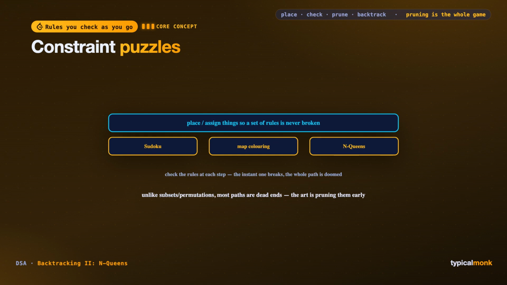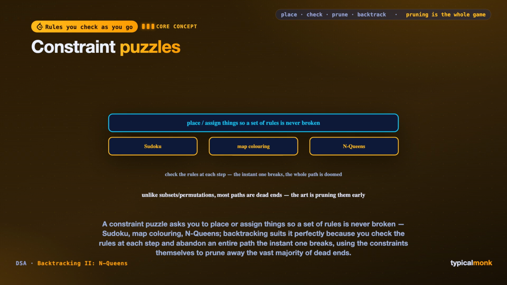They are the tool you use to avoid exploring the vast majority of non-solutions. So the takeaway? A constraint puzzle asks you to place or assign things so a set of rules is never broken, and backtracking suits it perfectly, because you can check the rules at each step and abandon an entire path the instant one breaks, using the constraints themselves to prune away the vast majority of dead ends.